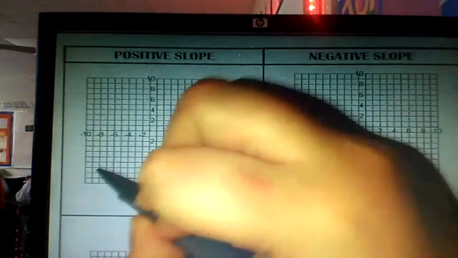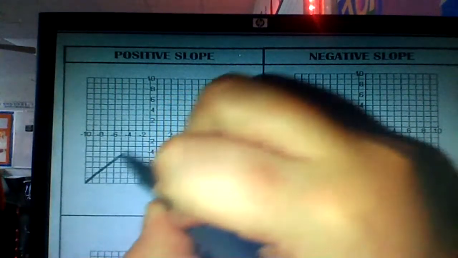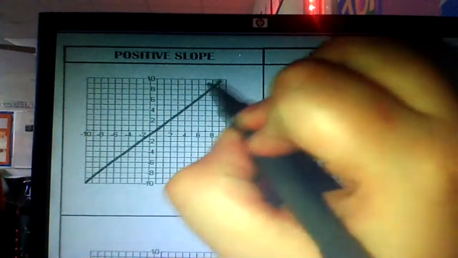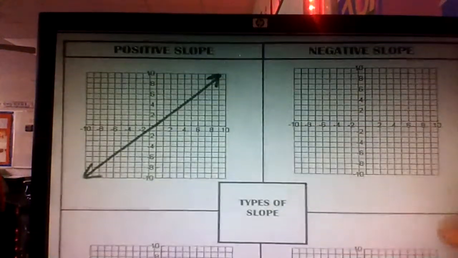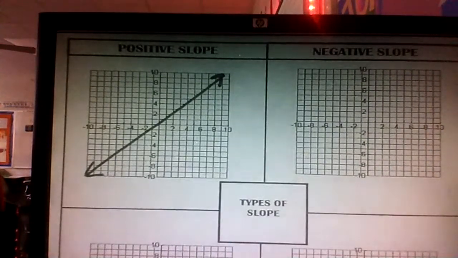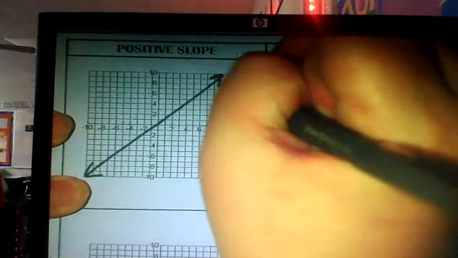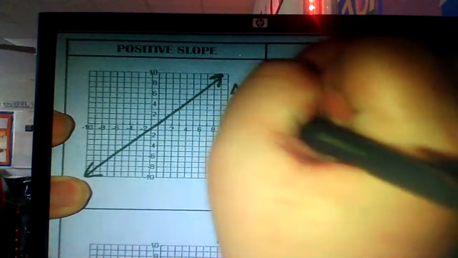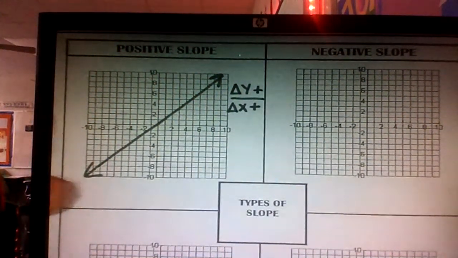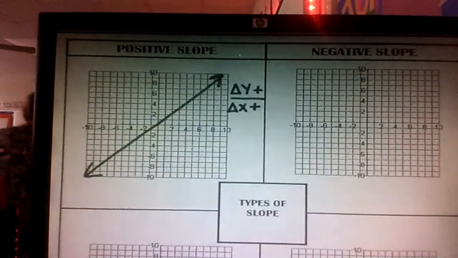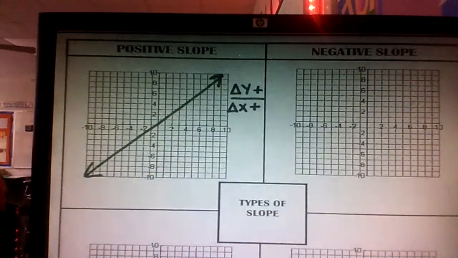So, any line that's going to go up and to the right has a positive slope. This means that your change in y is positive and your change in x is positive. Okay? It's going up as it goes to the right.